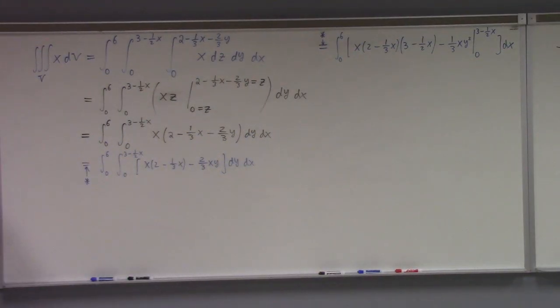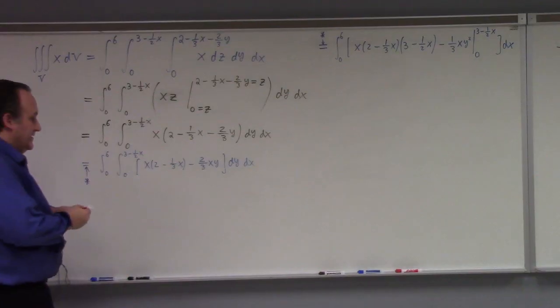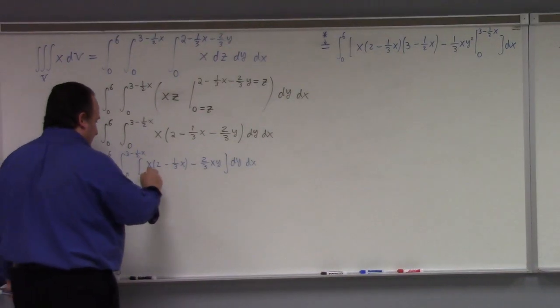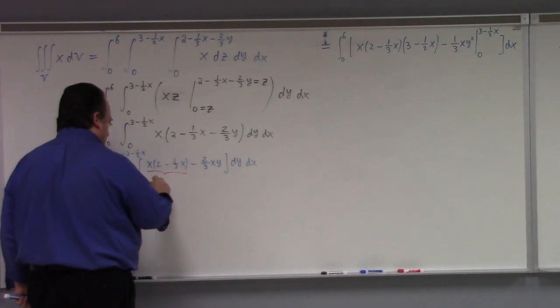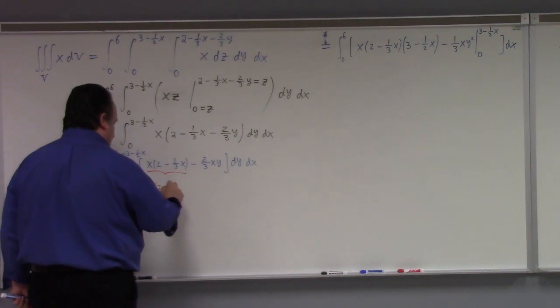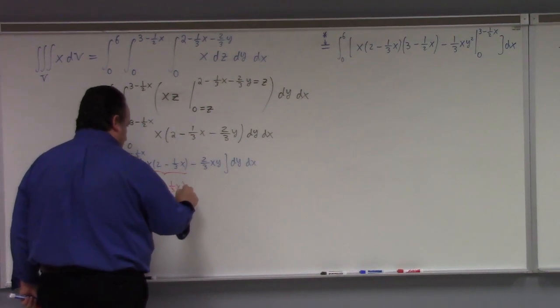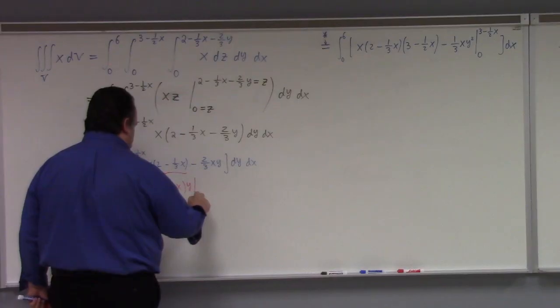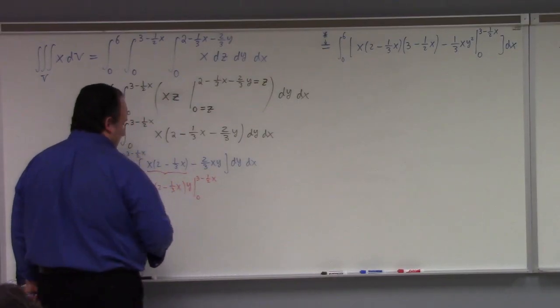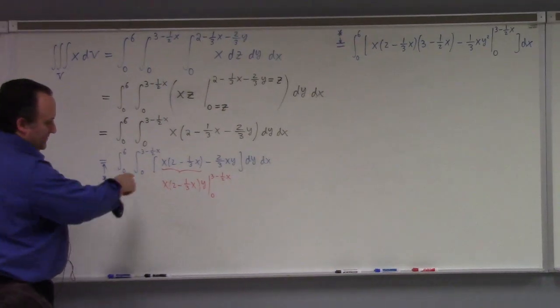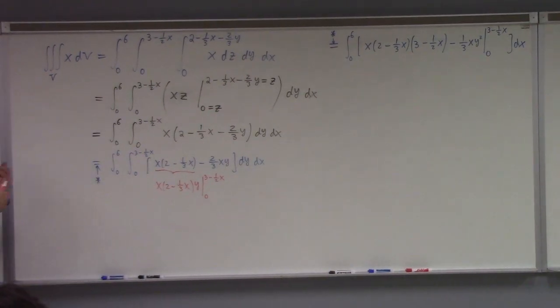Now, I did a little trick right there. What did I do? Let's try to understand it. My point was this: you end up with x times 2 minus 1/3 x times y, evaluated from 0 to 3 minus 1/2 x. What happens when you just have y times something integrated from 0 to the upper bound is you just end up multiplying by the upper bound.